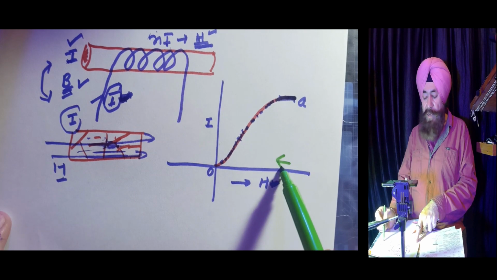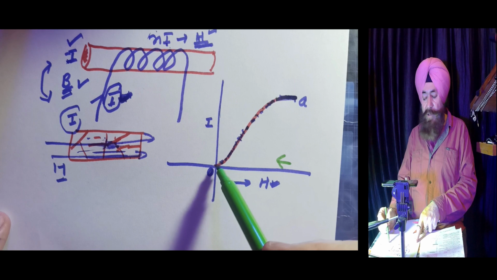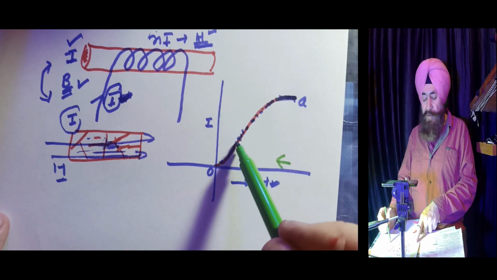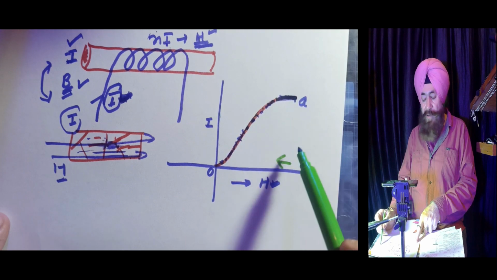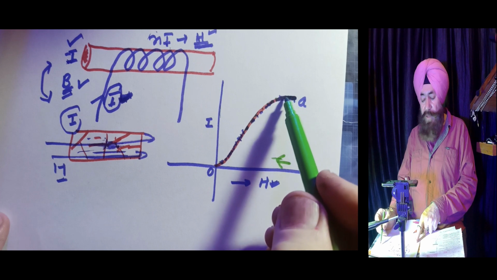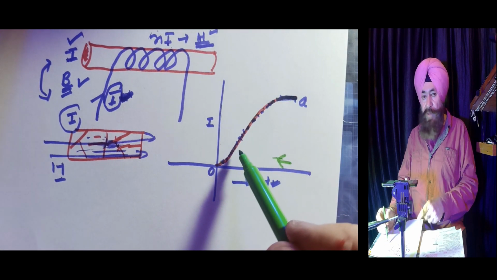When you are decreasing H, I will decrease, so it should follow this path, because it was traced from O to A like this. The retracing should be A to O back along this curve, but it did not happen.